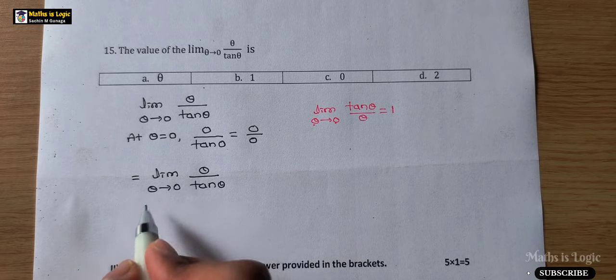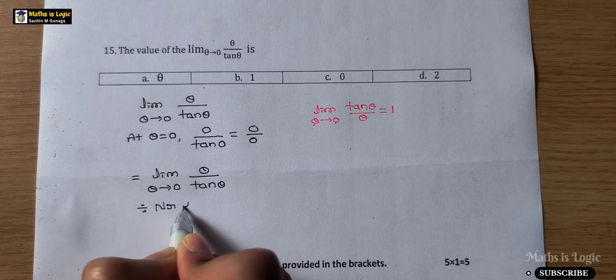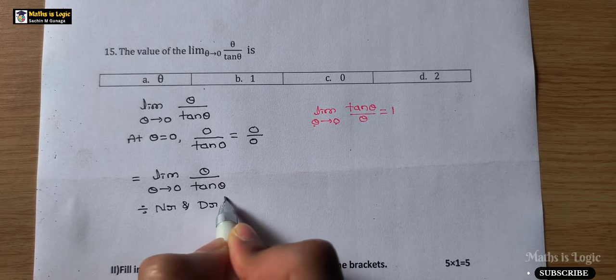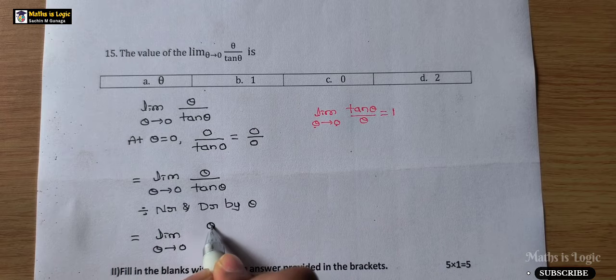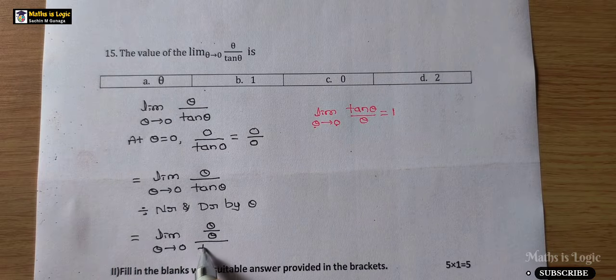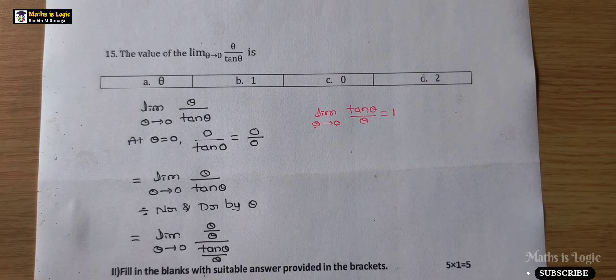Next, divide numerator value as well as denominator value by theta. So this becomes limit theta approaches 0, numerator divided by theta, and denominator divided by theta. Then only, see, now in the denominator we are getting the standard form.